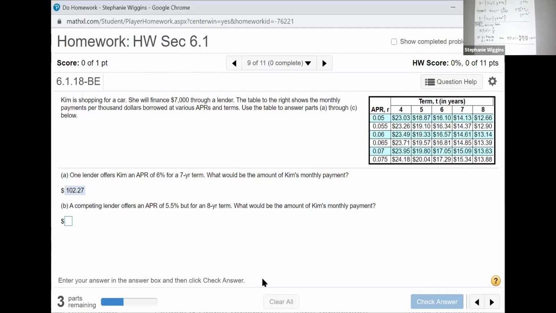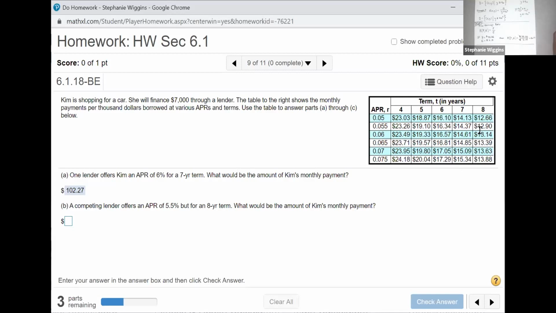The next part wants you to calculate what is her monthly payment for 5.5% for 8 years. So here we have the 5.5%, that's the second row here. And then we go to the column where it says 8, that's 8 years. And $12.90 is her monthly payment for $1,000.